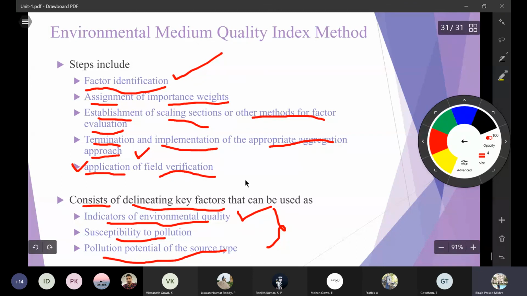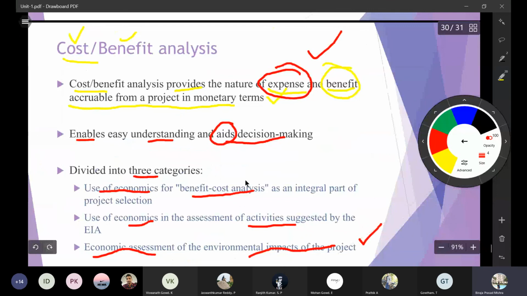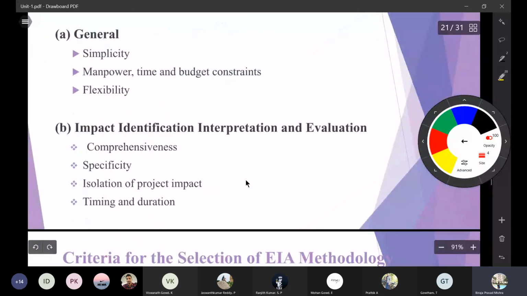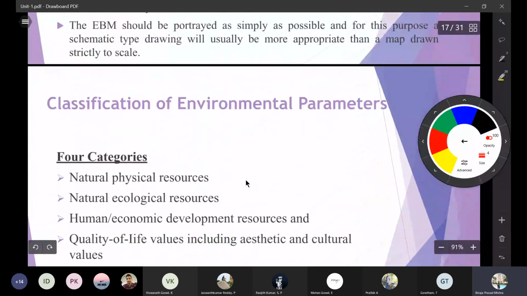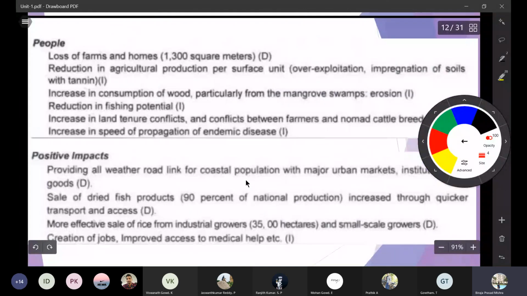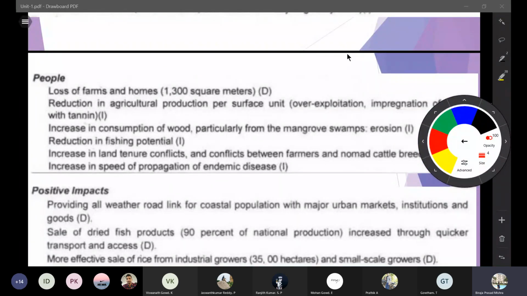Okay, so this is all about the different methods that are there in your syllabus.